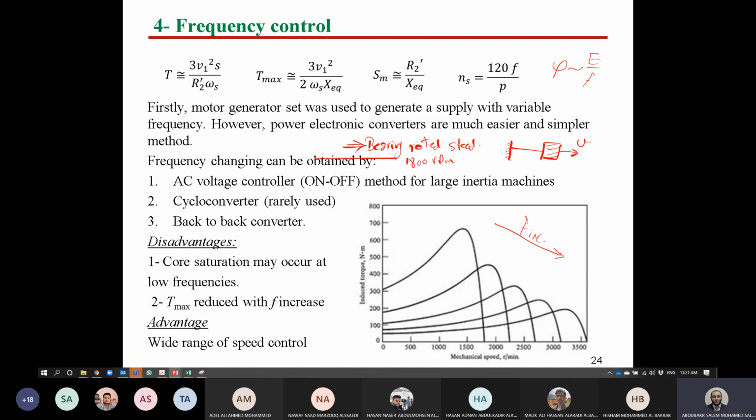For that, we prefer to keep flux constant. We need to make speed control by any way. However, we could find that we now have a problem with flux.